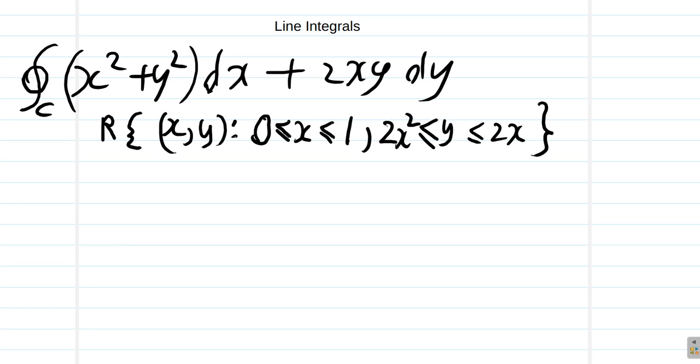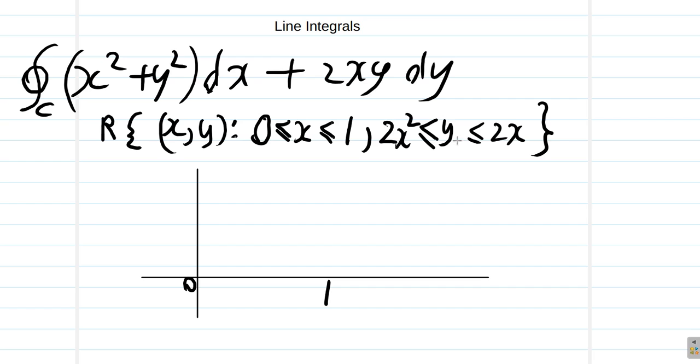If you have your x-axis and you have your y-axis, what this is suggesting is that you have a line where x is between 0 and 1. So it goes from 0 on the x-axis to 1 on that x-axis.